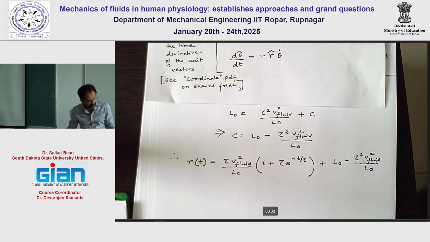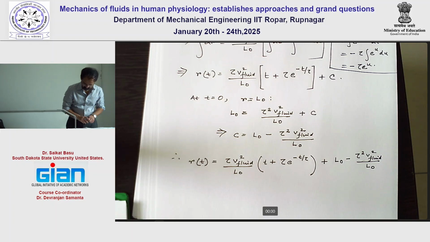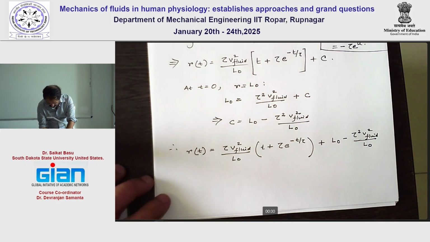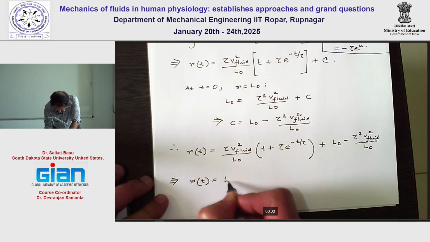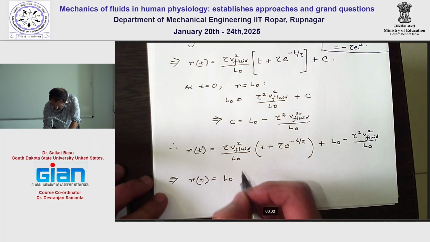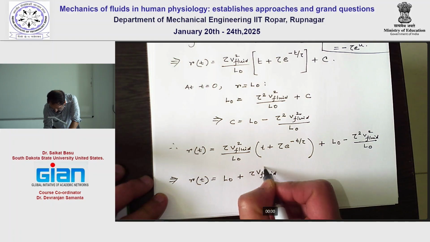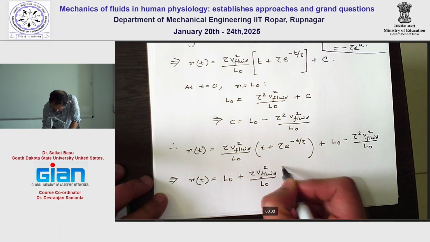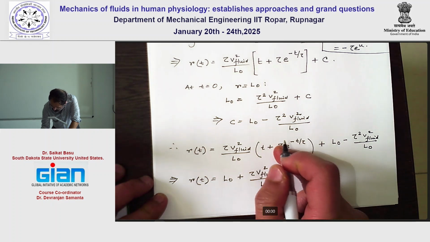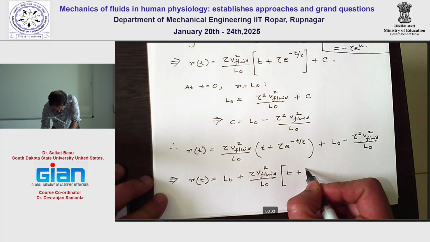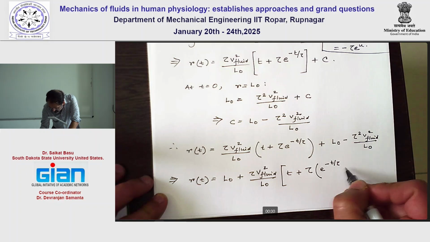So let's simplify this a little bit, keeping the L naught intact. So r(t) is L naught plus, let's take this tau v fluid square common, tau v fluid square over L naught times t plus tau times e to the power of minus t over tau minus 1 for this one.